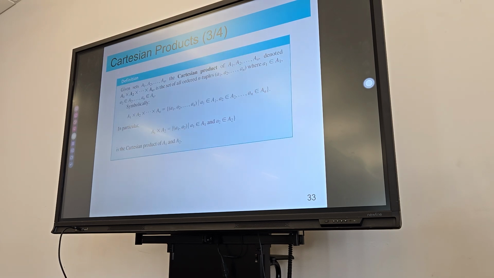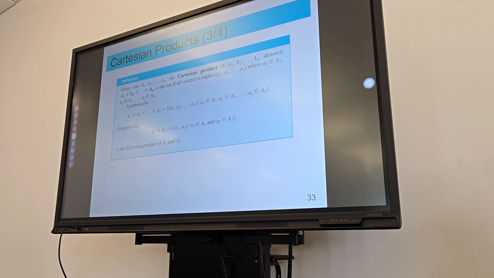Okay, now this, I was mistaken. This is where it can get a little confusing. Given sets A1, A2, A3, so forth to An, the Cartesian product of A1, A2 to An, denoted by the X symbol between each set, is the set of all ordered n-tuples, where n is the number of sets.